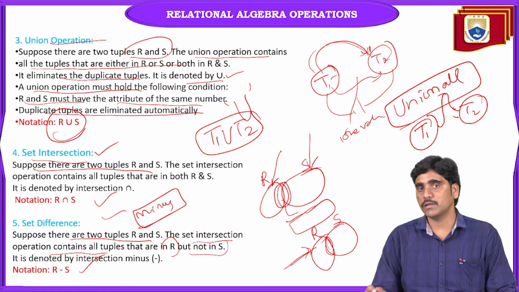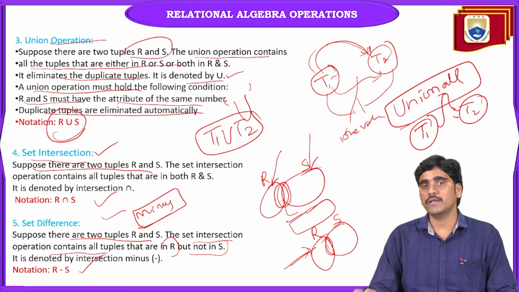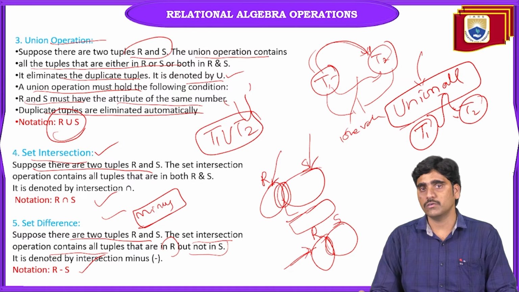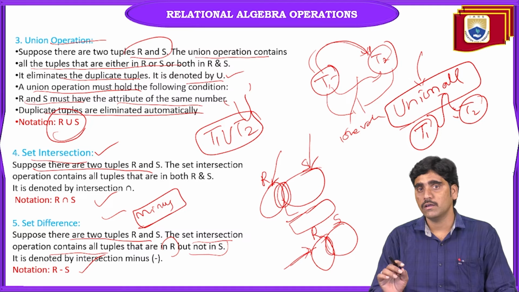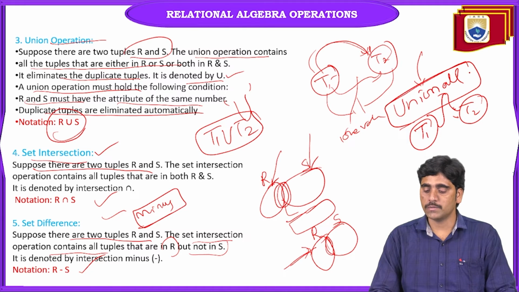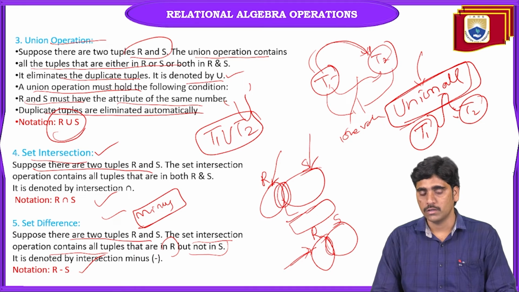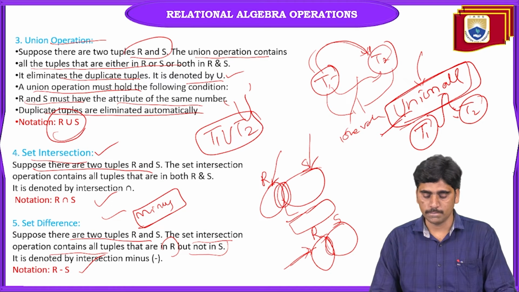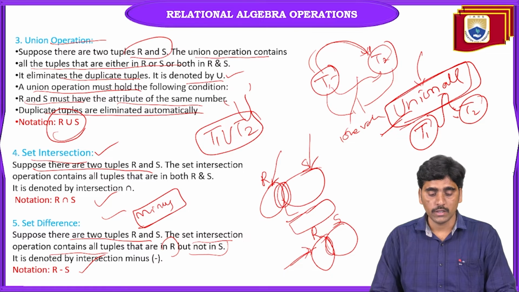If you mention union only, it will include only one value among all the duplicate values. But union all displays all the values from table 1 and table 2, even the duplicates, however many there are. So this is the way you can understand it.